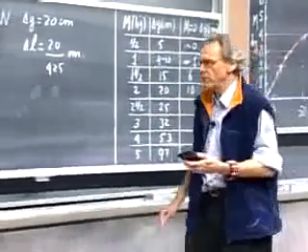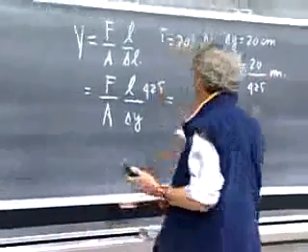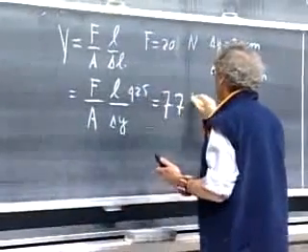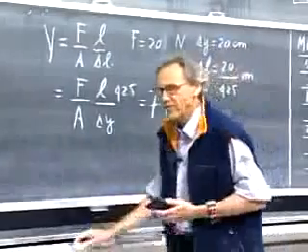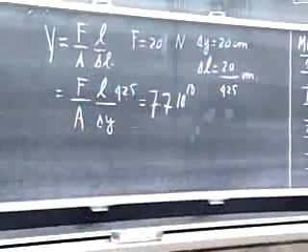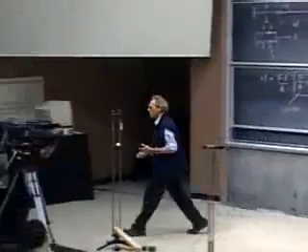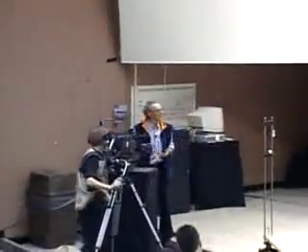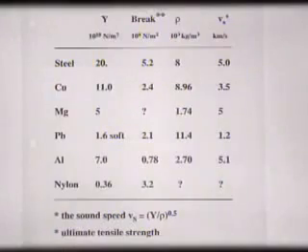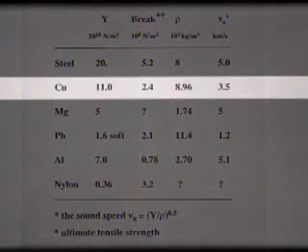And I get 7.7 times 10 to the 10th. And that is not bad at all. Because I think, from what I remember, it is 11 times 10 to the 10th. That is quite amazing for such crude measurements that we do here.